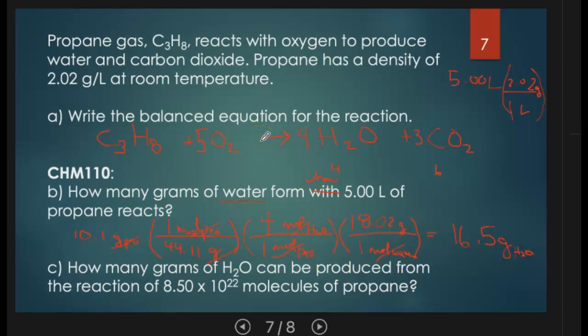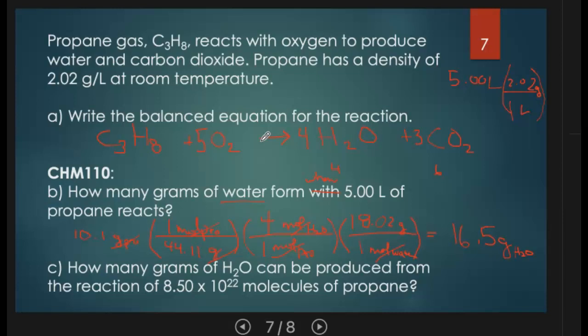All right. Now, how many grams of water can be produced from the reaction of 8.50 times 10 to the 22 molecules of propane? So very similar to what we just did, we have to get from molecules to moles. So molecules of propane to moles of propane. Then we'll use our stoichiometric 4 to 1.